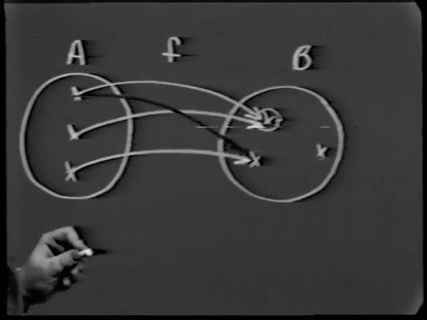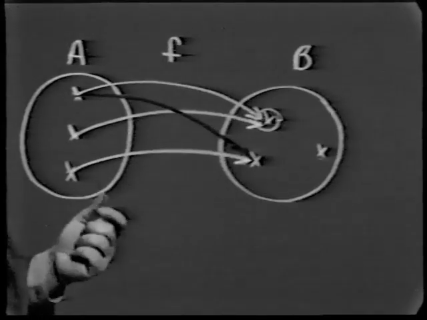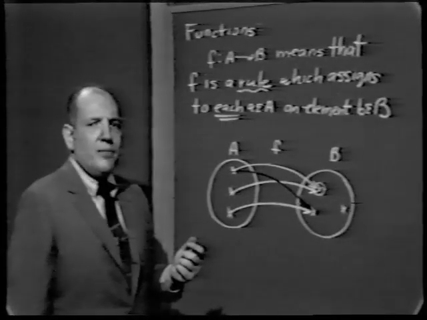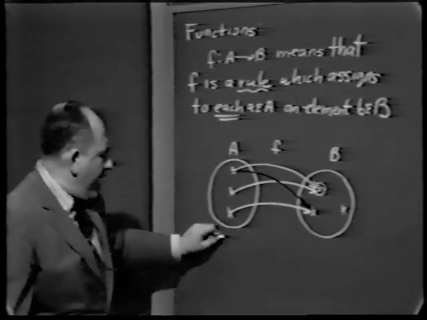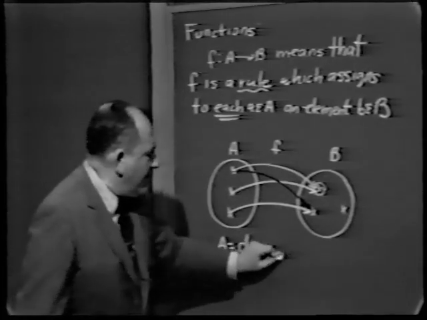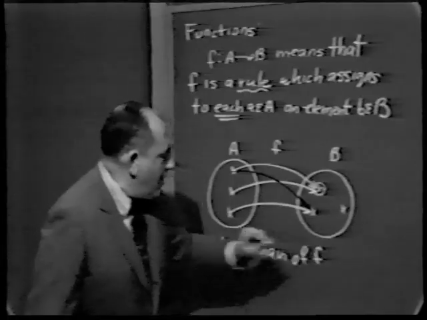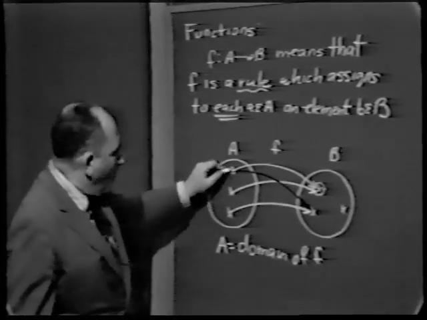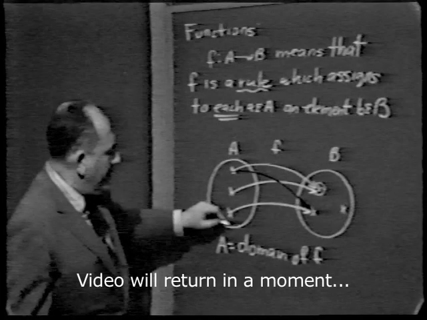Each element here was assigned to an element here. By the way, this leads in the literature to three different terms that we should define right now. One of these is the set A itself, and that's called the domain of f. You see, this is what f is defined on. The domain is the set A over here.